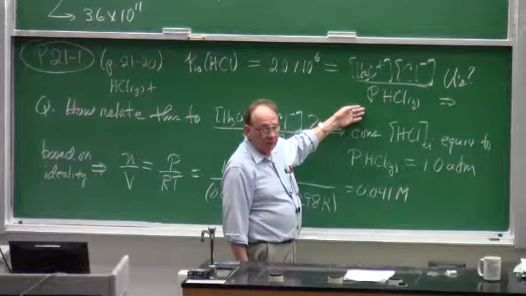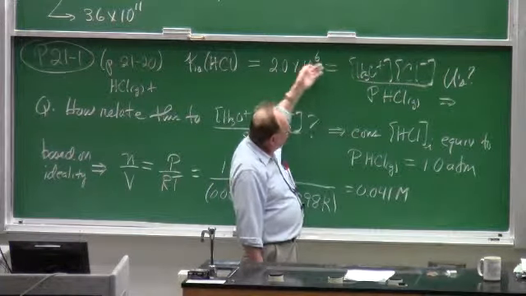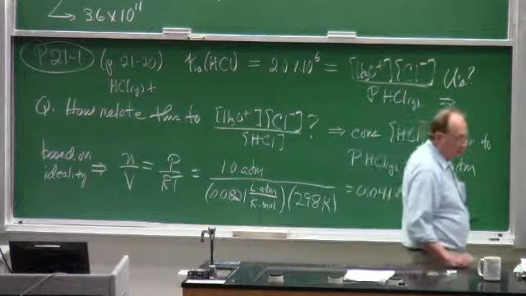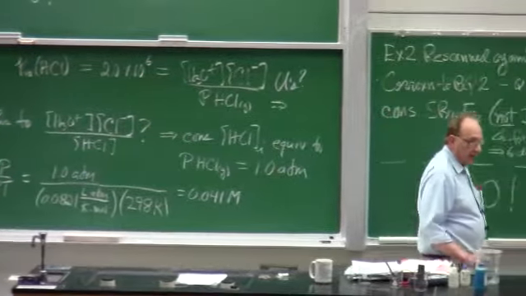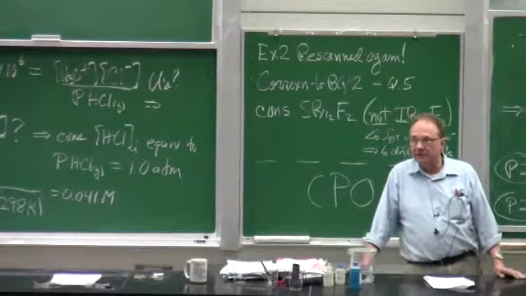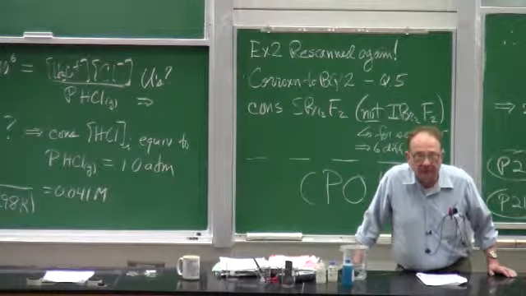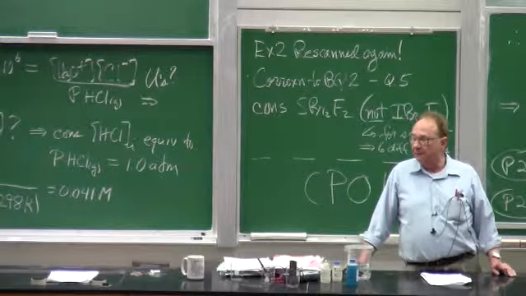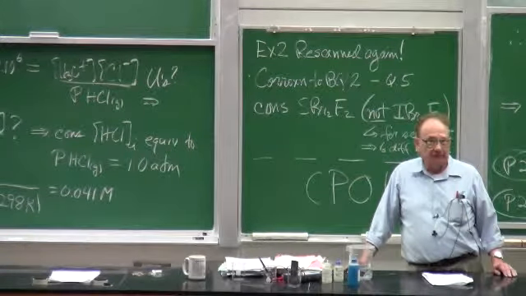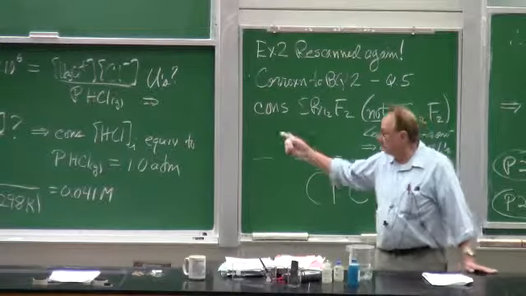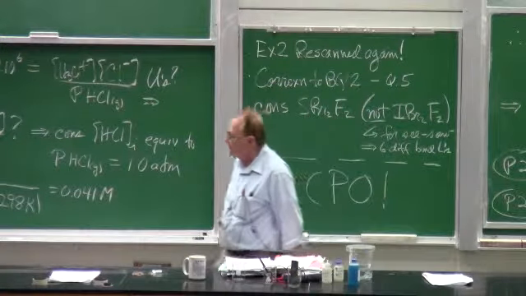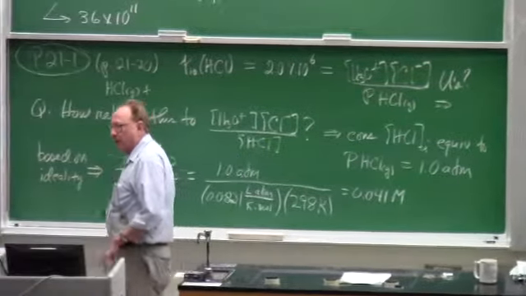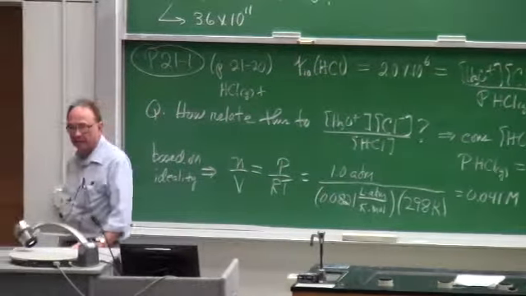So if I pose the question for my hydrochloric acid solution, under initially standard state conditions, what will be the equilibrium molarity of HCl, representing the unreacted HCl? Well, I've got a problem here because this thing is in atmospheres. But I know that HCl is quite soluble in water.